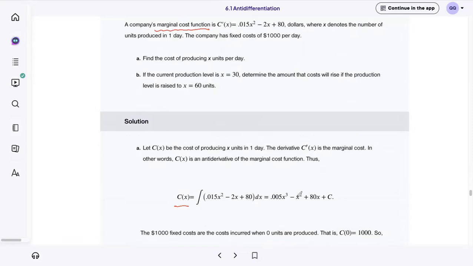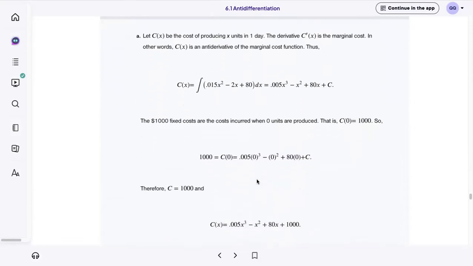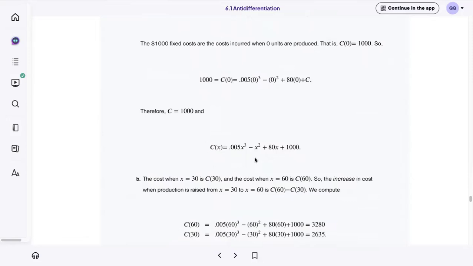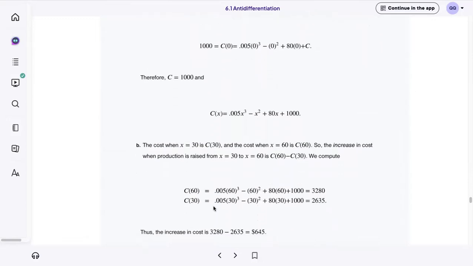Then we add 1 to 1, get x squared, then divide by 2, then e to the x plus c. So the process is the same. Then we just plug in the value given and solve for c. Then we get the cost function as such. Then we can use the cost function to evaluate when x equals 30 and 60.